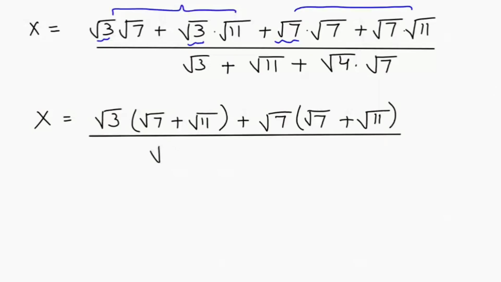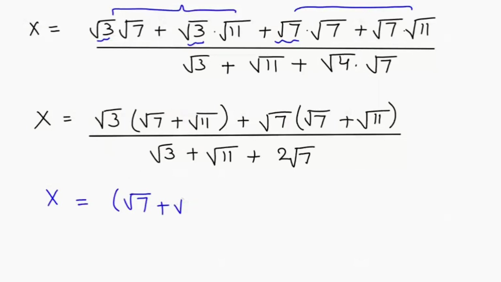Over root of 3 plus root of 11 plus root of 4, we have 2 root of 7. Now next I am going to take root of 7 plus root of 11 common. So here root of 3 is remaining, and from here plus root of 7 is remaining.